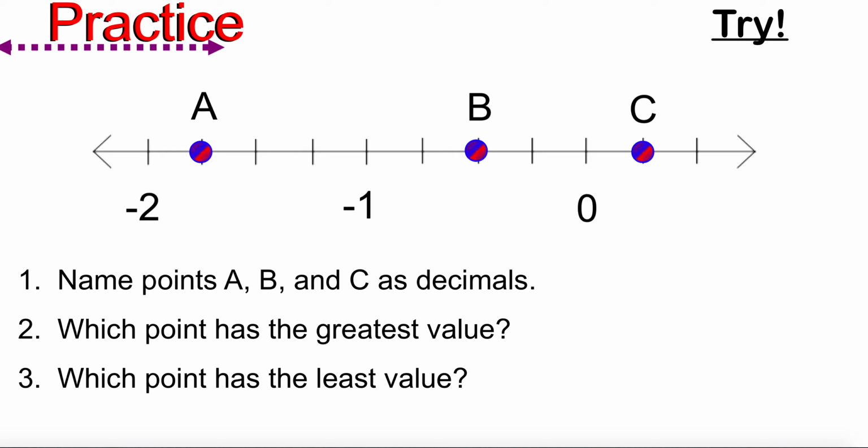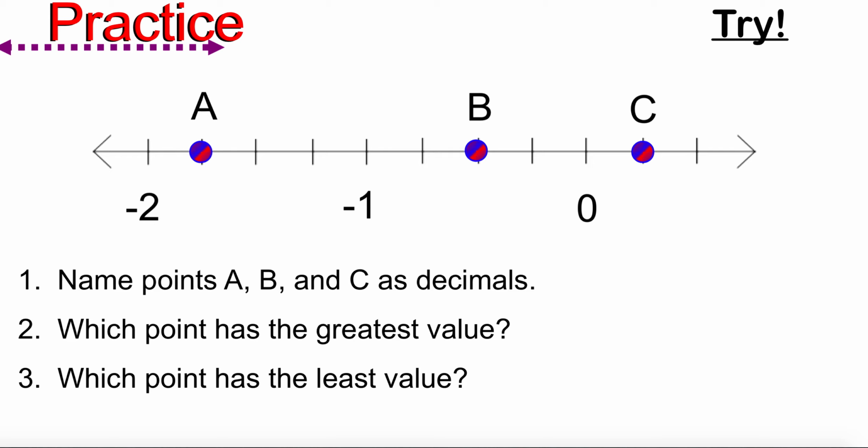And number 2, figure out which point has the greatest value and which point has the least value. Pause the video for a moment, think about it, put it in your notebook, and try your ability to figure them out as decimals.